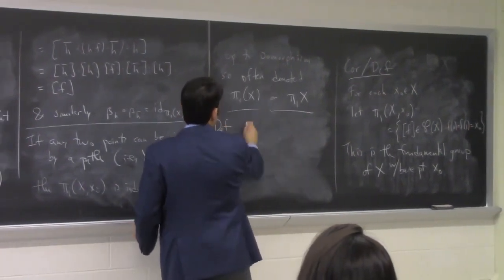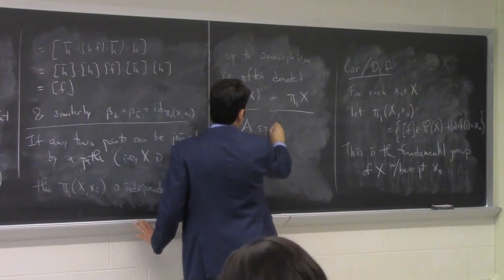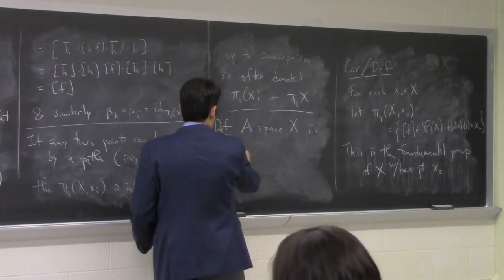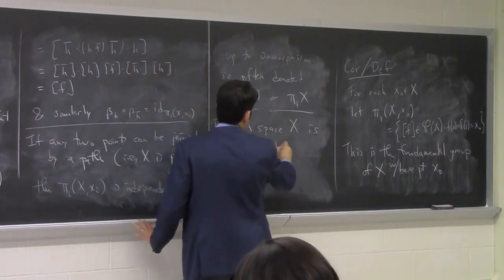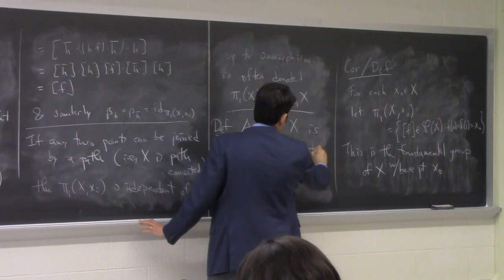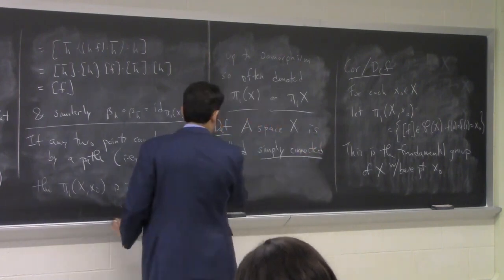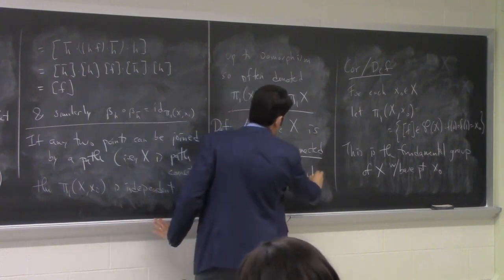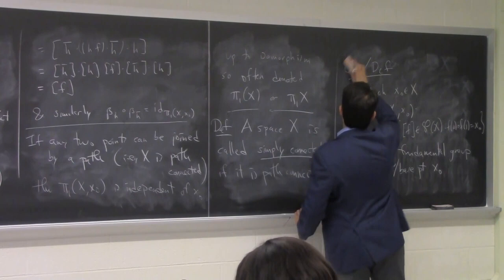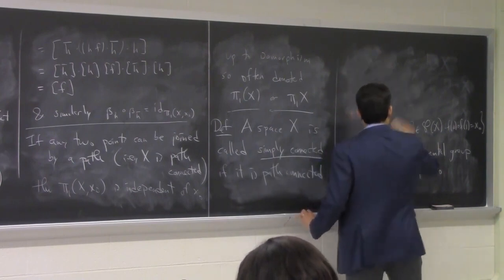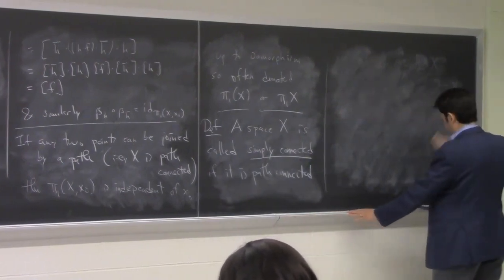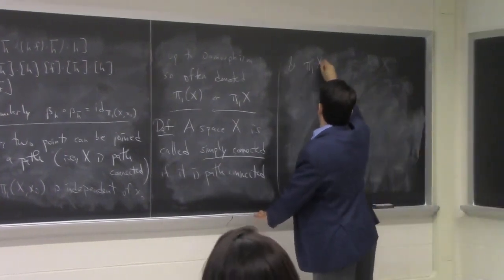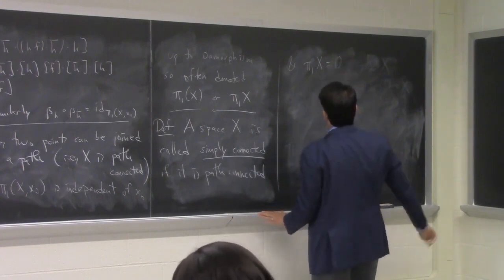Okay, here's a definition. A space X is called simply connected if it is path connected and the fundamental group is trivial.